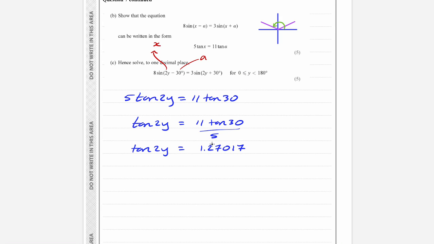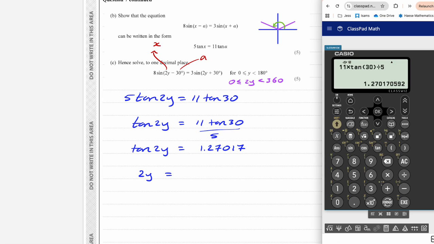Although actually, sorry, be careful because it's 2y. If y is going between 0 and 180, then 2y is going between 0 and 360. So 2y is equal to the inverse tan of that thing.